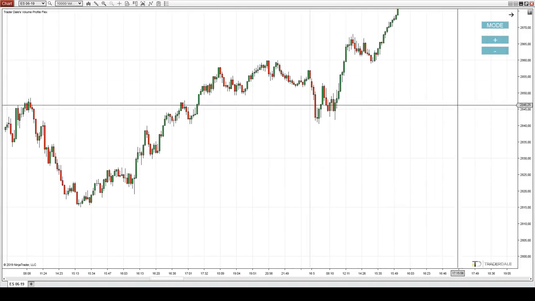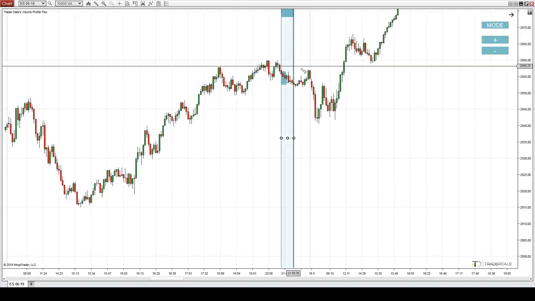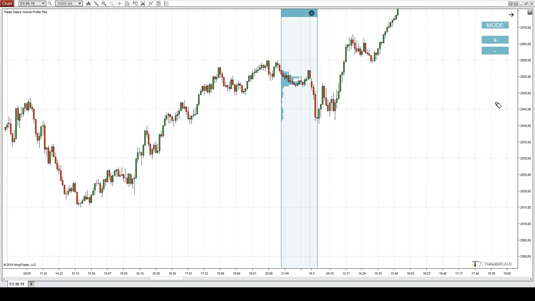Another case of volume accumulation is this rotation. Heaviest volumes being in here, and this is the reaction to it. All right, again, very nice reaction to the heavy volumes from this rotation.